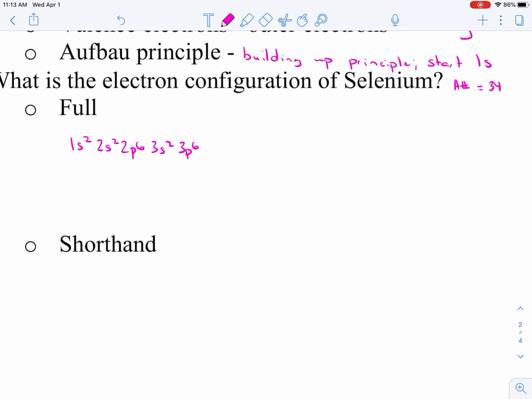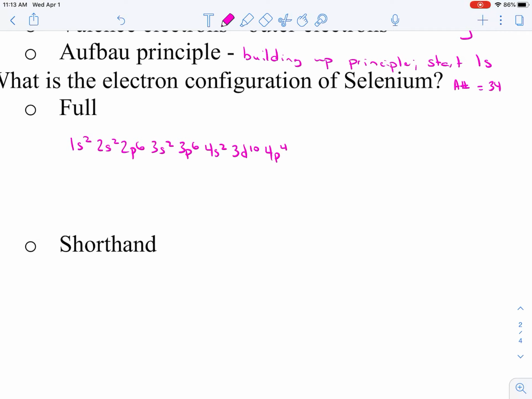Now we're in the row that selenium is in, so we're going to say 4s2. That takes us through calcium. Then remember we have our Ds, 3d10. So S's can hold 2, P's can hold 6, D's can hold 10, F's can hold 14, and then 4p, and if we count in our P's, we've got 4 right there, so we're going to say 4p4. And that's the full-on electron configuration of selenium.